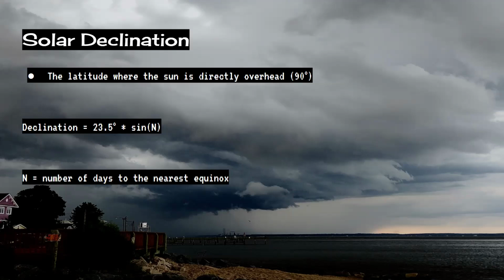Now think about it. If the number of days to the nearest equinox is 0, meaning that it is fall or spring, I would put in 0. Sine of 0 is 0. As a result, the solar declination is 0 degrees.